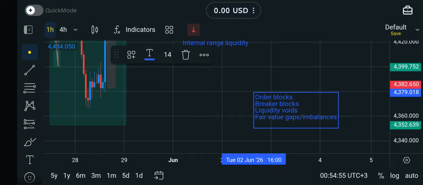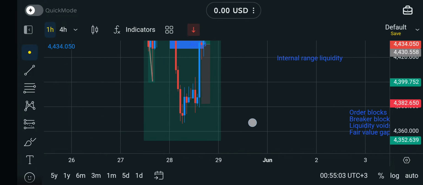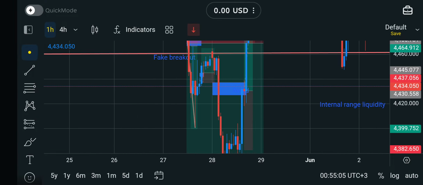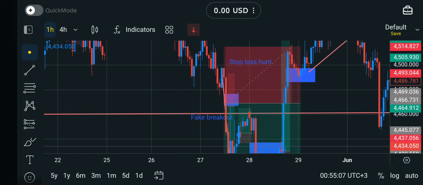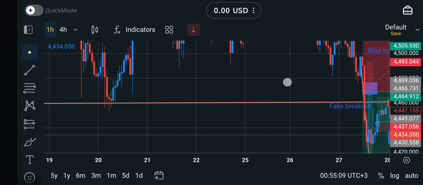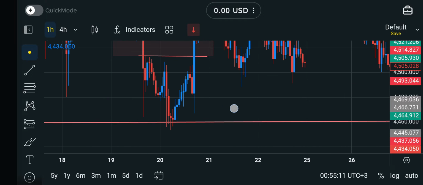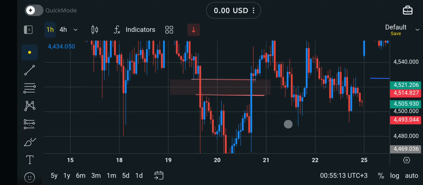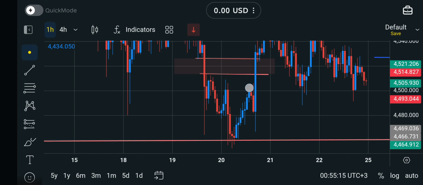So for the order blocks, an order block is the last candlestick to print before a huge move. I'll show you an order block right now.